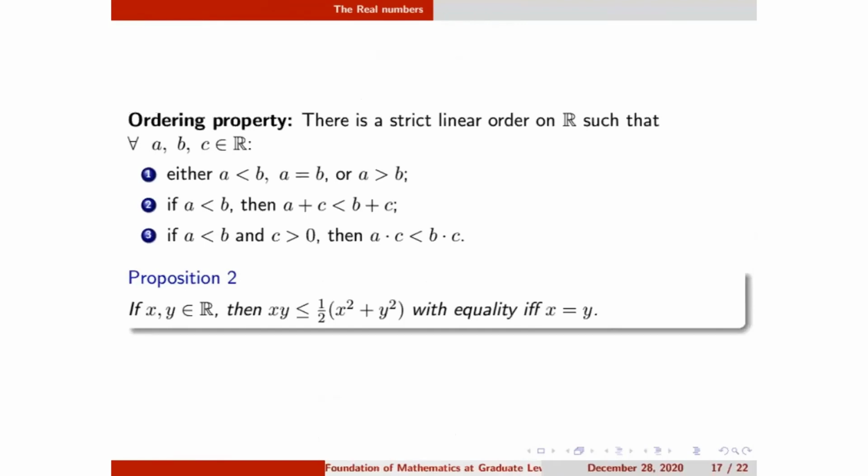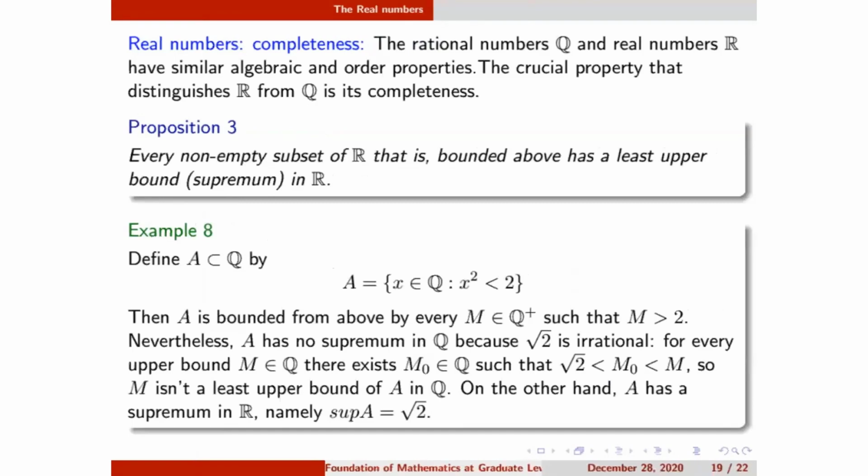In the set of rational numbers, we can define these three properties and those five field properties. This completeness property is the different property which distinguishes the set of real numbers from the set of rational numbers. What does this property mean? Every non-empty subset of R, if it is bounded above, has a supremum in R.